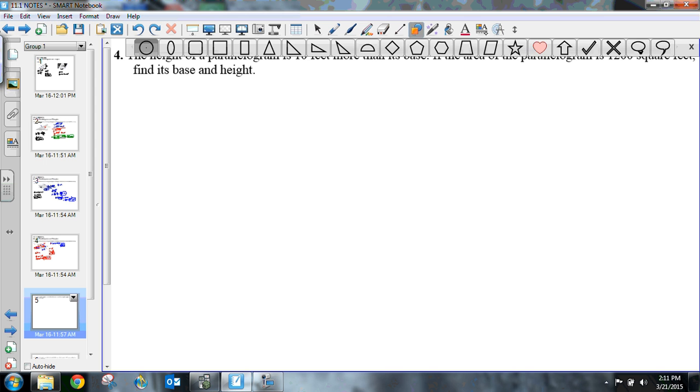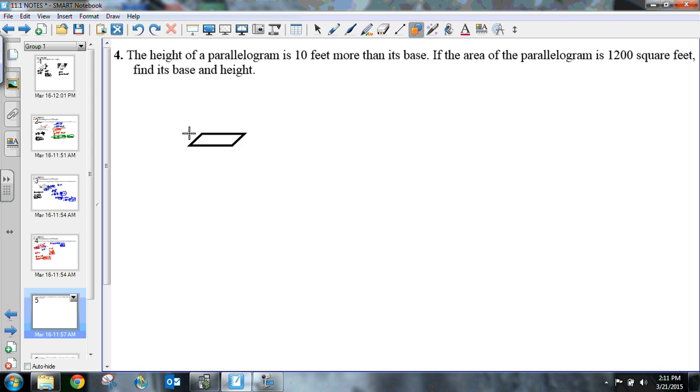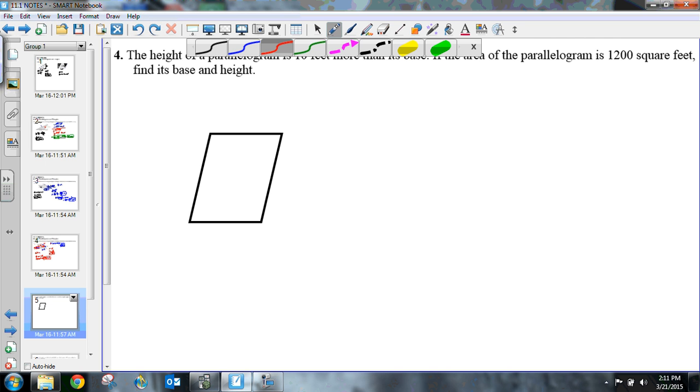So what I want to do is come in here and just draw a generic parallelogram. And what I know about this is that the height, and this is my height here, is the vertical distance down that makes a right angle. Okay, so you can draw that in there.